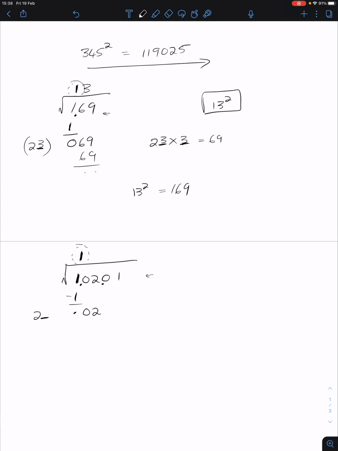And then we want 2 something times that something equal or less than 02. So obviously that will be 0. So if I write here 0 times 20 will be 0, and if you subtract that, you've got the 2, and then you bring down the next 2 digits, 01.